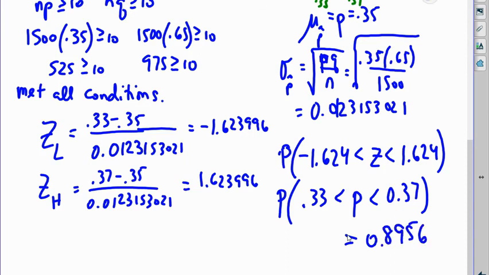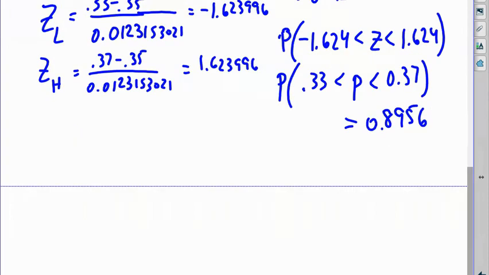0.8956. So if I was going to round that to 3 sigs at this point, it'd be 0.896.